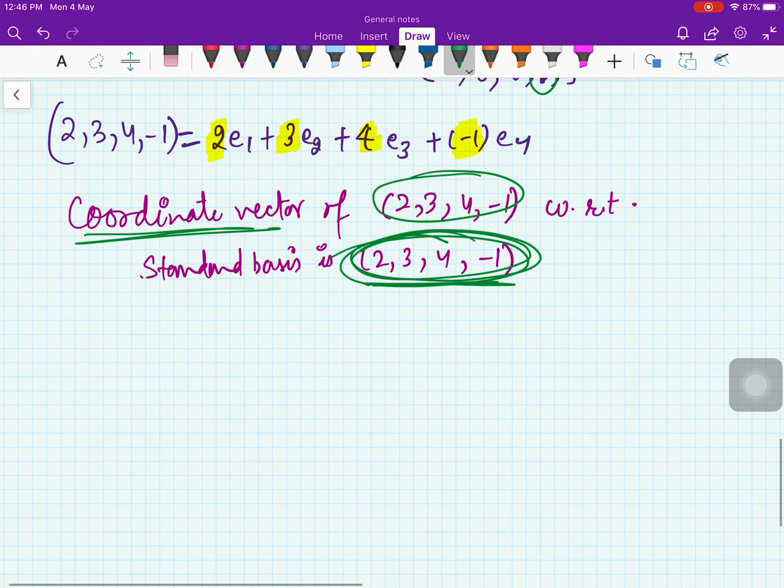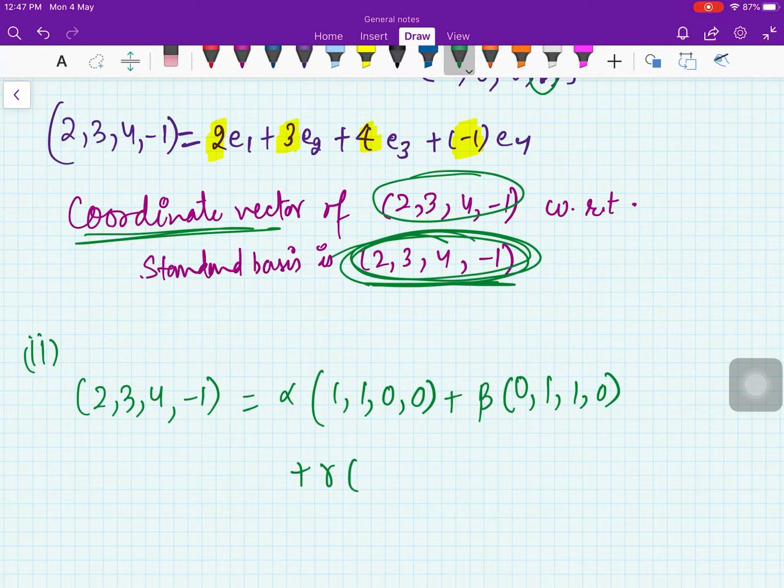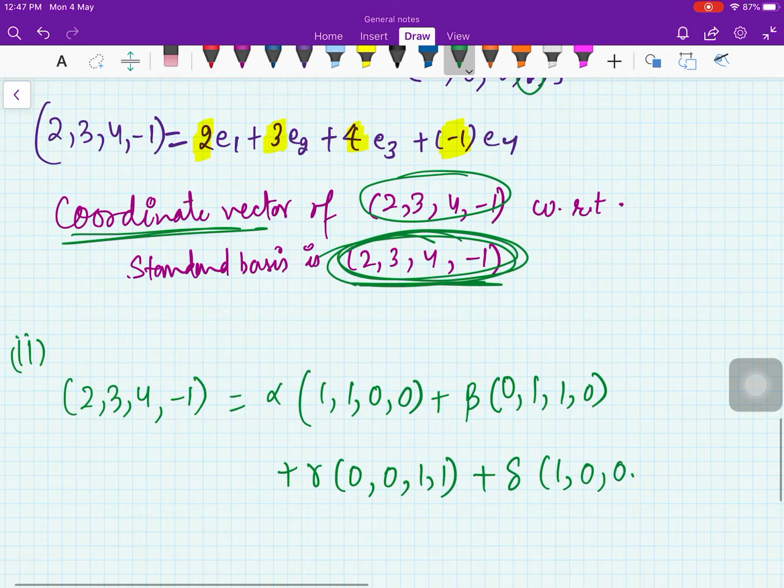We want to write (2, 3, 4, -1) as alpha into the first element (1, 1, 0, 0), plus beta into the second element (0, 1, 1, 0), plus gamma into the third element (0, 0, 1, 1), plus delta into the last element (1, 0, 0, 0).